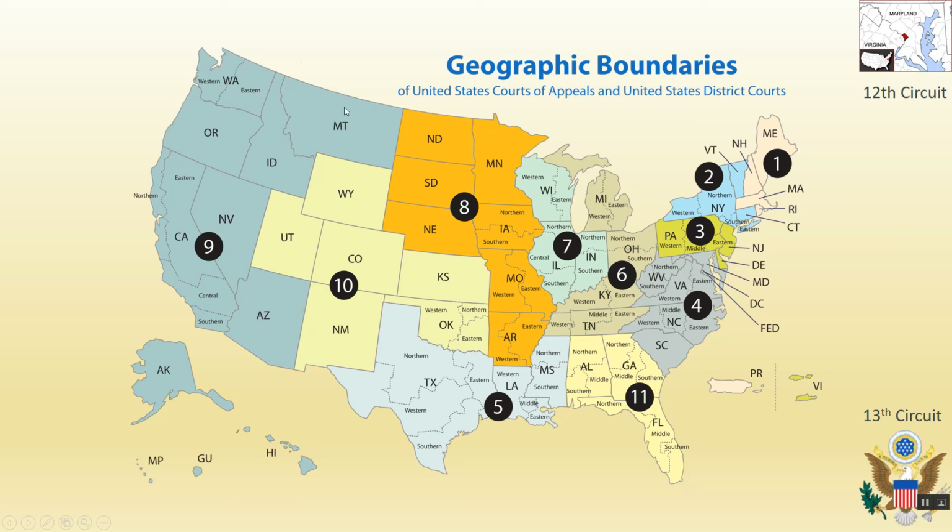So all of the district courts in California, Oregon, Washington, Idaho, Alaska, so on and so forth, all of the district courts which fall within the boundaries of the Ninth Circuit are under the Ninth Circuit's jurisdiction. And what that means is that if you want to challenge a ruling of one of those district courts, you would file an appeal to have your case taken over their heads to the Ninth Circuit Court.